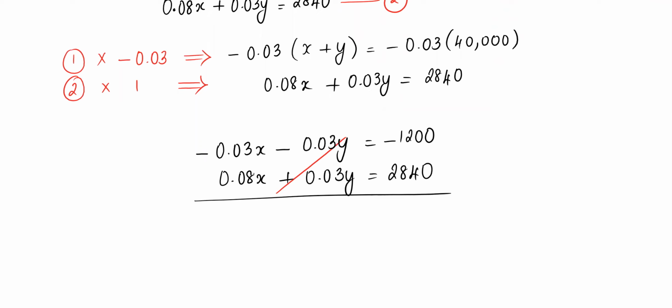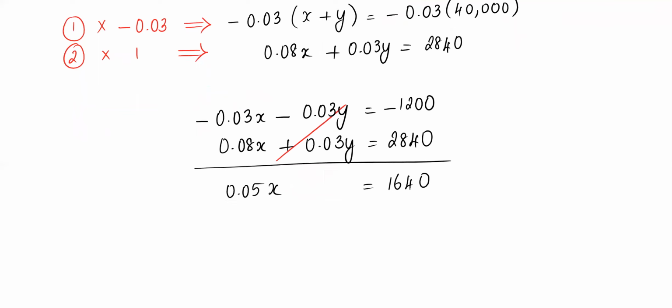That is 5, right? So 0.05x equals 1640. Divide both sides by 0.05. X equals 32,800.